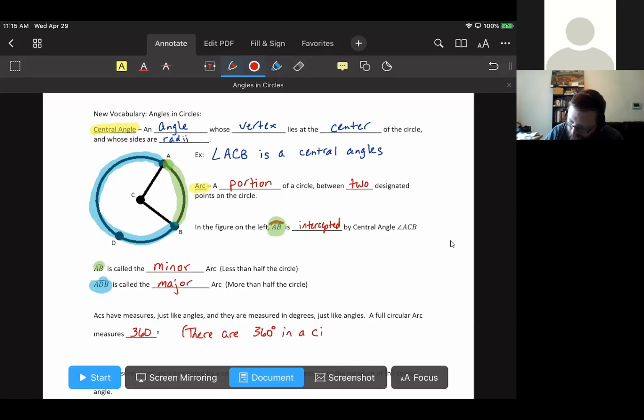You've all heard us say before, there are 360 degrees in a circle. That's not referring to angle measure, that's referring to arc measure. Grab your screenshot if you want one. We're going to scroll down a little bit.